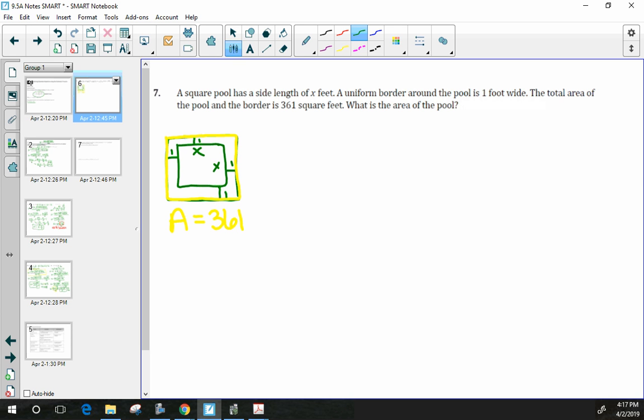Since it's a square, let's come up with the expression for the dimensions of the outer square. The pool was x. If I add 1 foot on one side and 1 foot on the other, I'm really adding a total of 2 feet, since we're increasing this by 1 foot on the right and on the left. It's a square, so the same thing happens in this dimension.